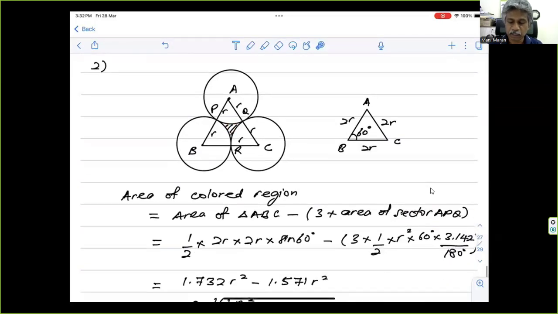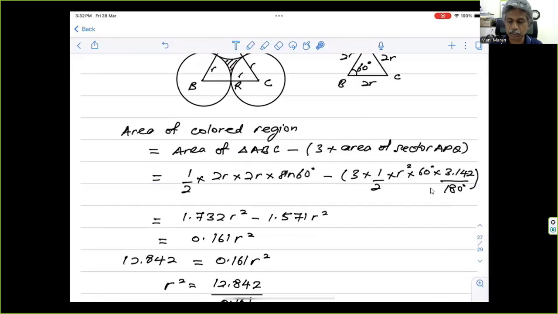The area of the shaded region will be given by the area of triangle ABC minus the area of three sectors, APQ, BRP, and CQR. These three sectors have the same area, so we can just look at one sector multiplied by 3. So the area of color region is given by area of triangle minus 3 times area of sector APQ.